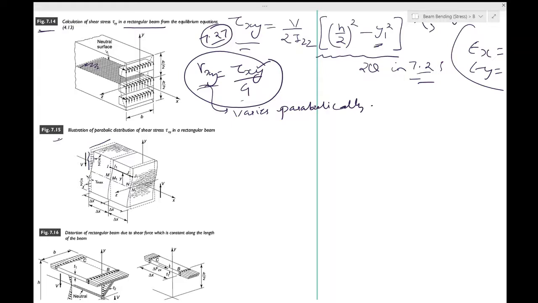We note that if shear force is constant along the length of the beam, any longitudinal line ij does not change its length as it deforms into position I1, J1. Even after this distortion, I1 J1 would be of the same length as ij.